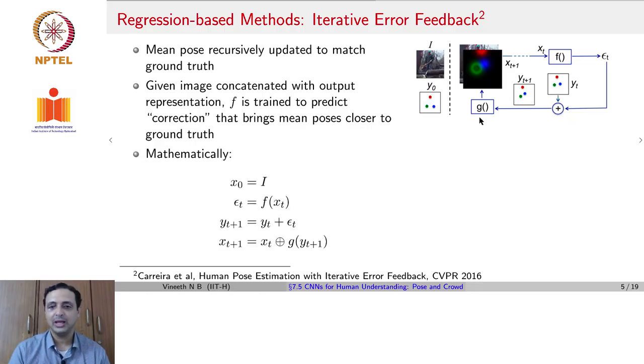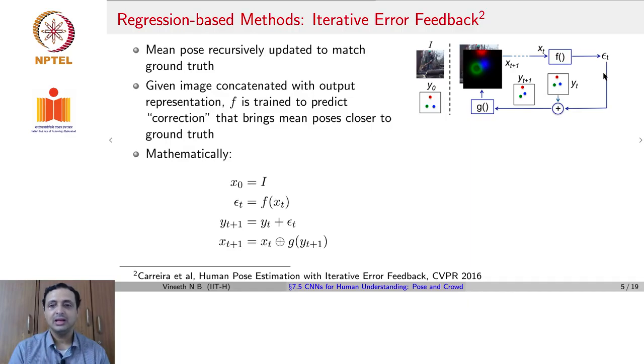Let's see this in a bit more detail. In the first stage, x0 would be the image I itself. That's the image that's given here. And this image is given to the neural network, and the neural network predicts an epsilon t for each joint, which would be the deviation from the mean pose. That's your epsilon t here.